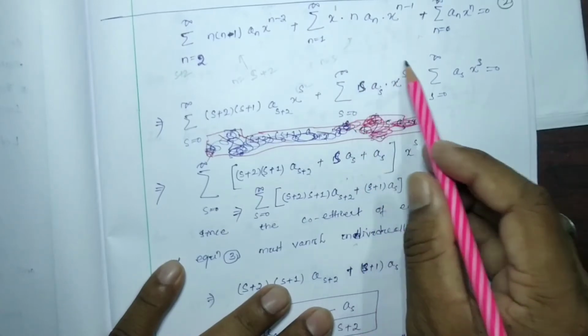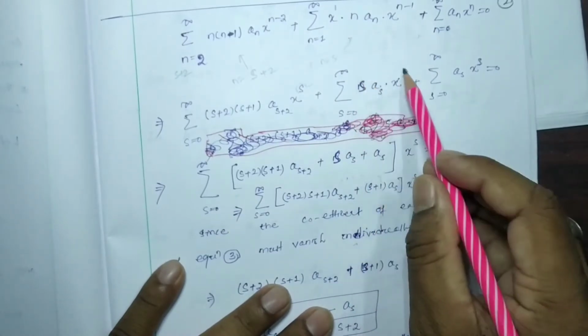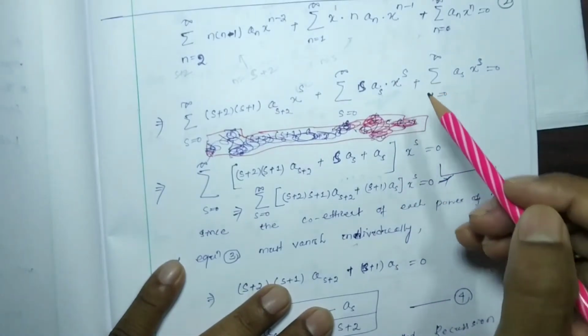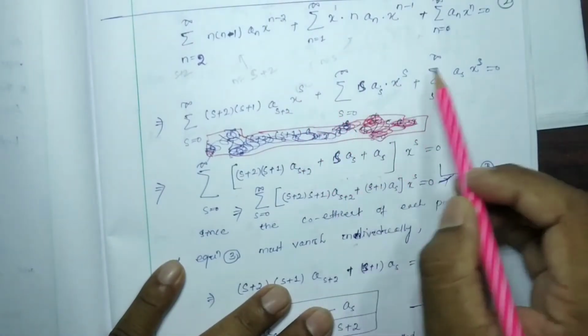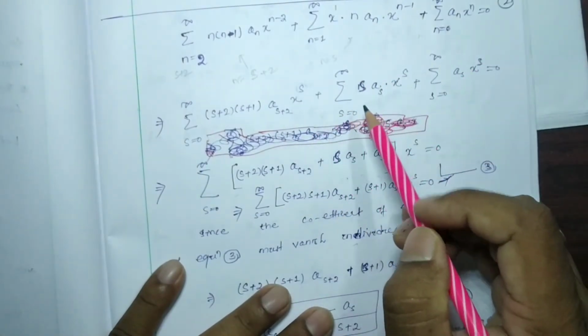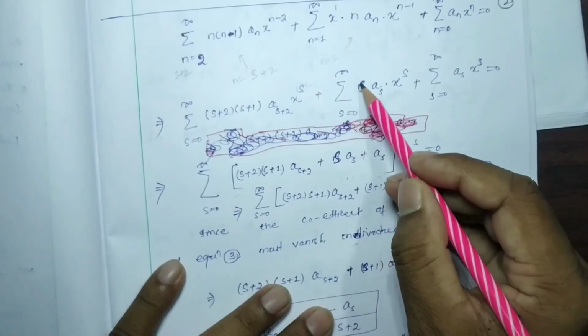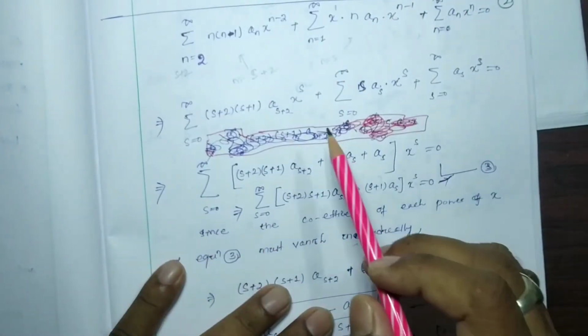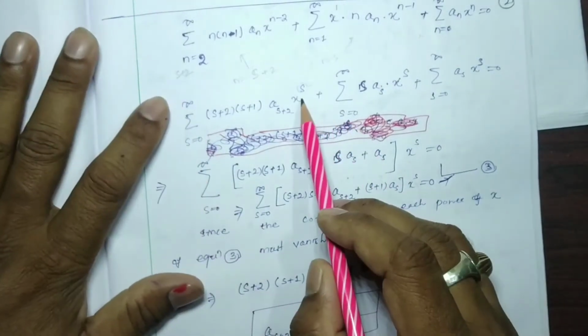Here you can ask, sir, if we put s equal to 0, then this term will be 0, so there is no effect on our originality. We are trying to equalize the power of the 3 terms. If we put s equal to 0, the first term will be 0 and will automatically cancel out.